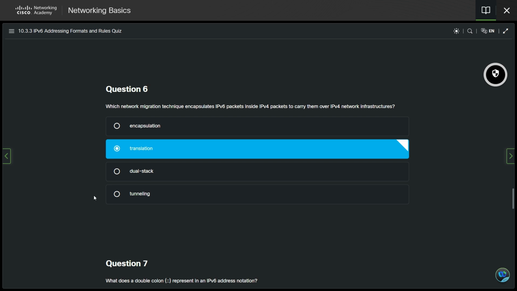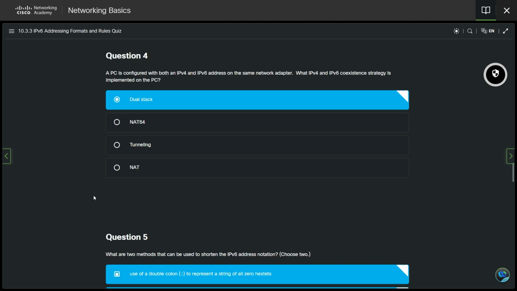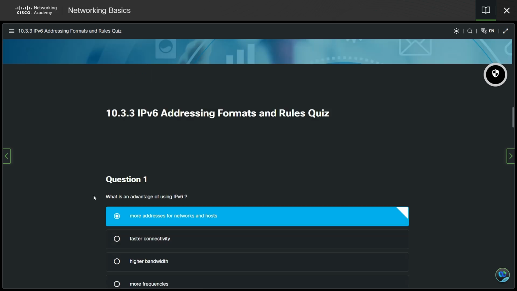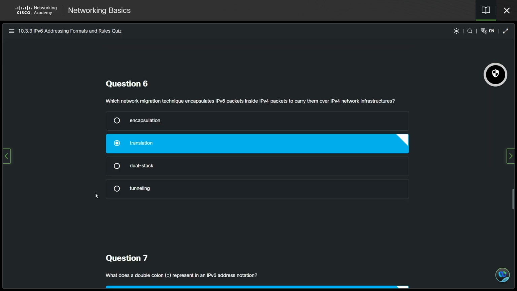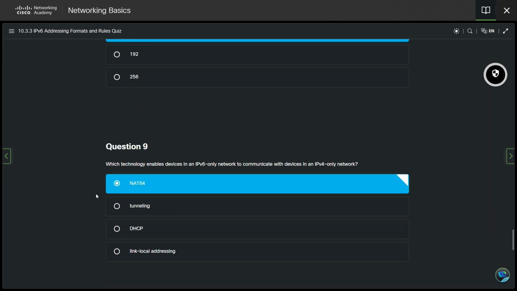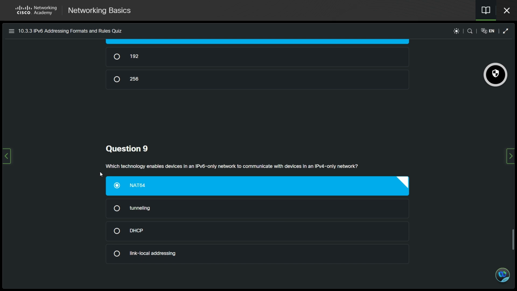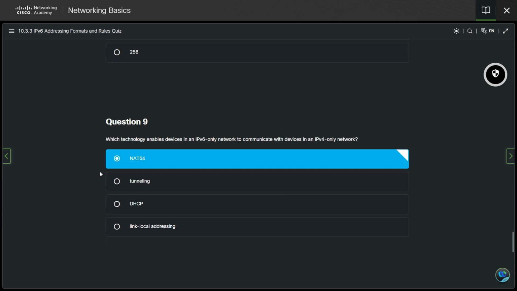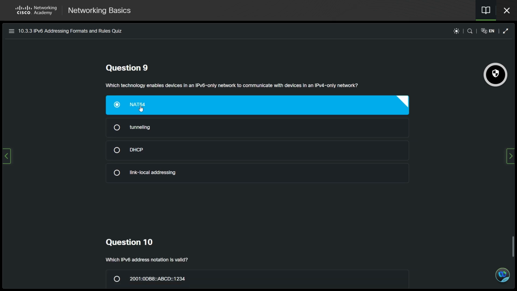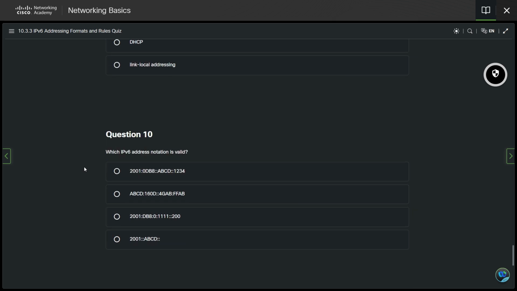Translation. Which technology enables devices in an IPv6-only network to communicate with devices in an IPv4-only network? NAT64, network address translation 64. Question 10. Which IPv6 address notation is valid?